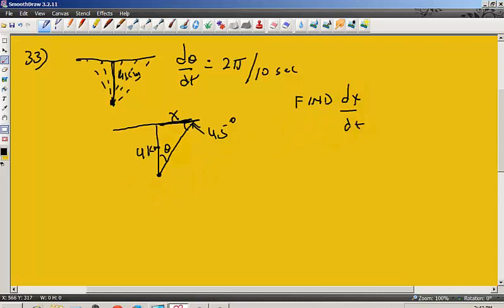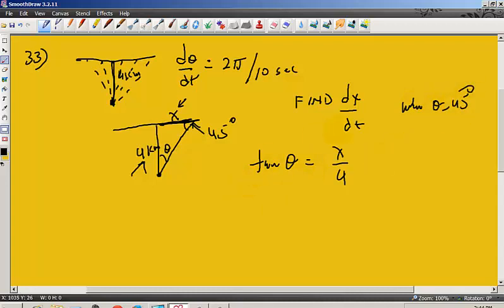This is tangent, because we're dealing with opposite and adjacent. So tangent of theta is equal to x over 4, when theta is equal to 45 degrees.